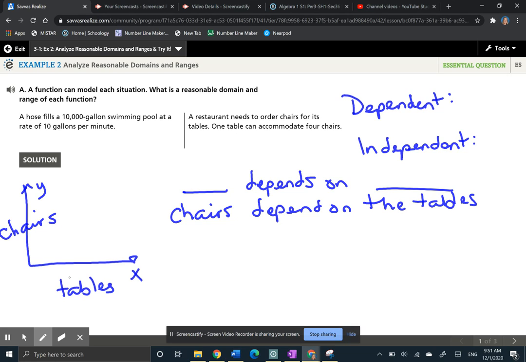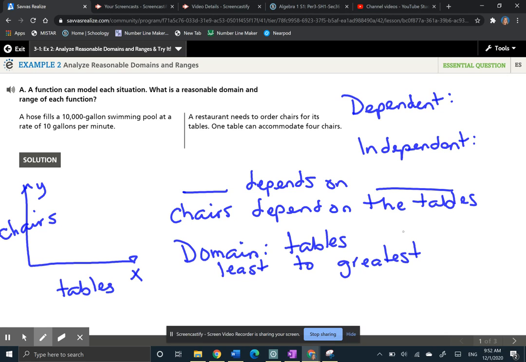Okay. So let's think about a reasonable domain. Your domain are your tables. So your least to your greatest.